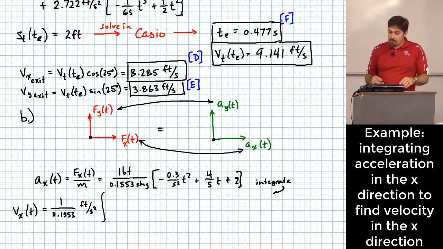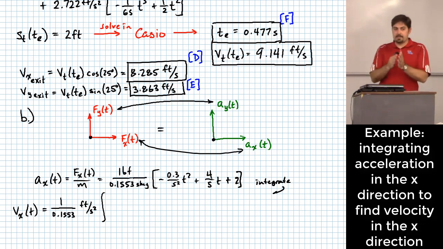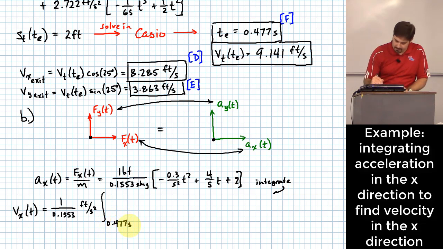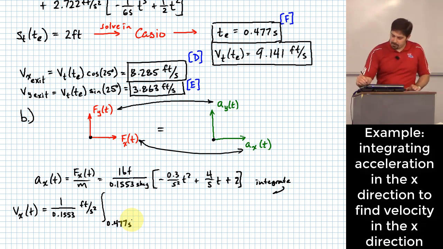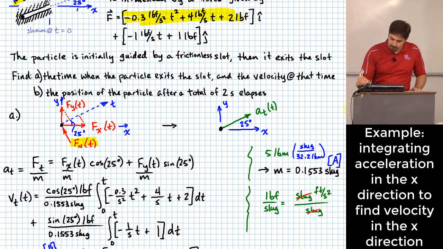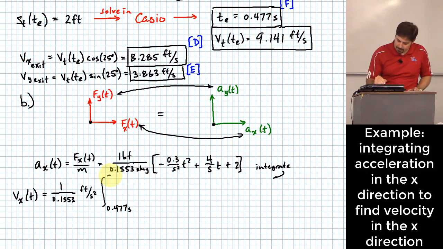Which means that the time that exists for this function is that time at exit. So our beginning time right here is going to be this 0.477 seconds. And then ultimately we're supposed to go to a completion time of 2 seconds, so we put that at the upper limit.